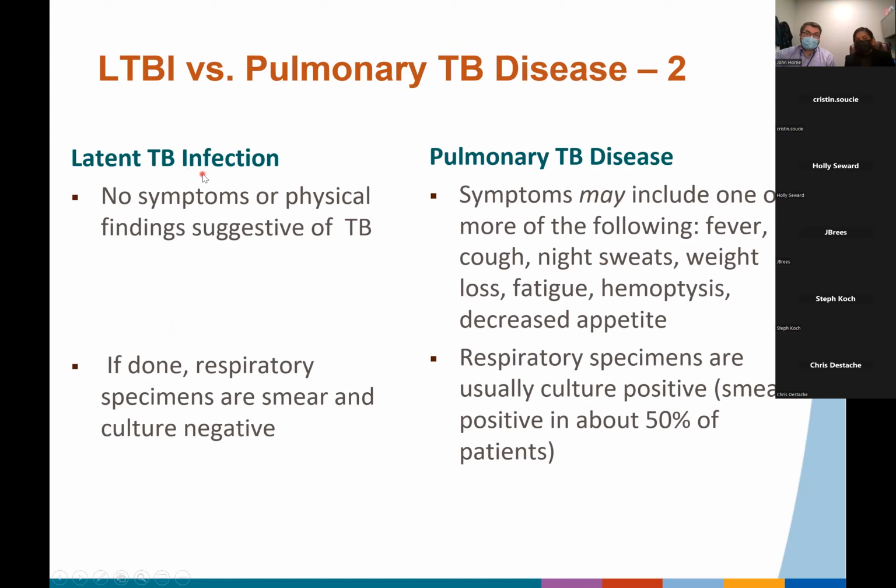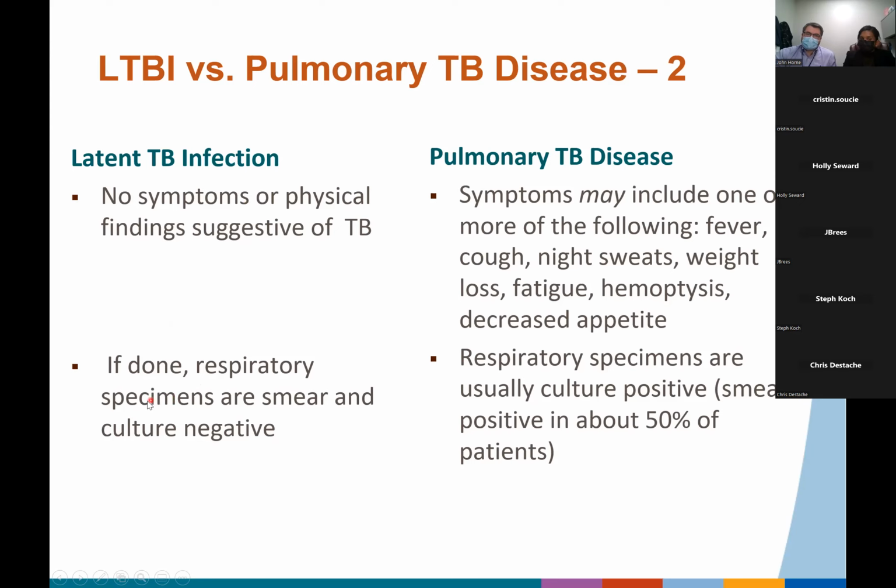So with latent TB infection, there are no symptoms or physical findings suggestive of TB, because their immune system has it under control. If done, respiratory specimens are smear and culture negative. So if you're wondering, does this person have latent or active TB? You might say, well, they're at risk for active pulmonary TB.